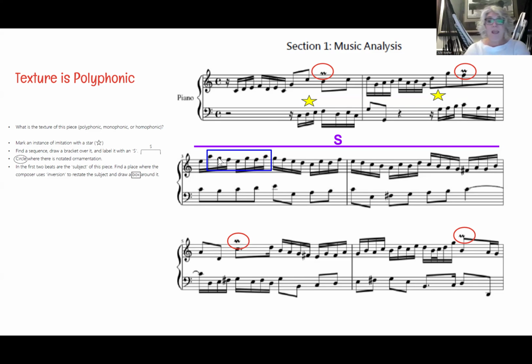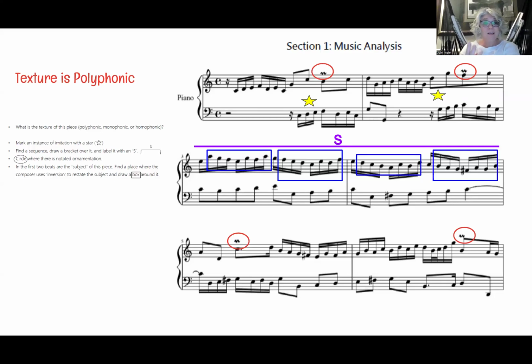And then you'll see that it happens again. Now notice we're not putting these first notes in there, because there is not a first note here. We're just talking about starting on this second 16th note here. And in this sequence, you have 4 subjects that have been inverted.